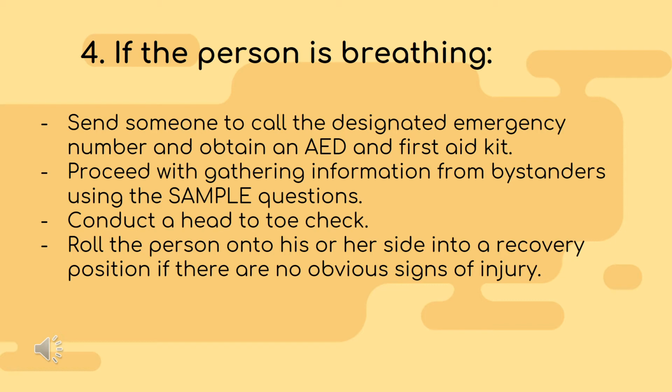The head-to-toe assessment includes all the body systems and the findings will inform the overall condition. Next, roll the person onto his or her side into a recovery position if there are no obvious signs of injury. Putting someone in the recovery position will keep their airway clear and open. It also ensures that any vomit or fluid won't cause them to choke.